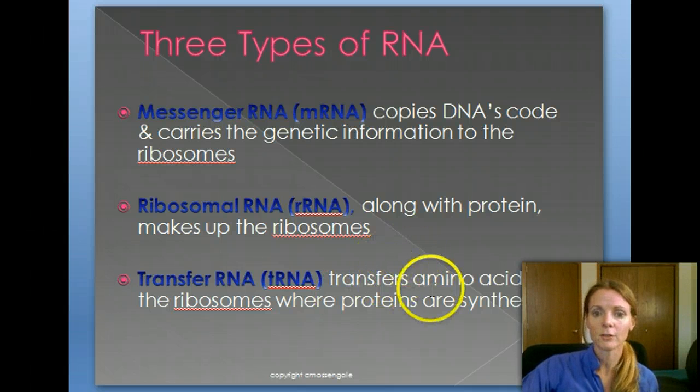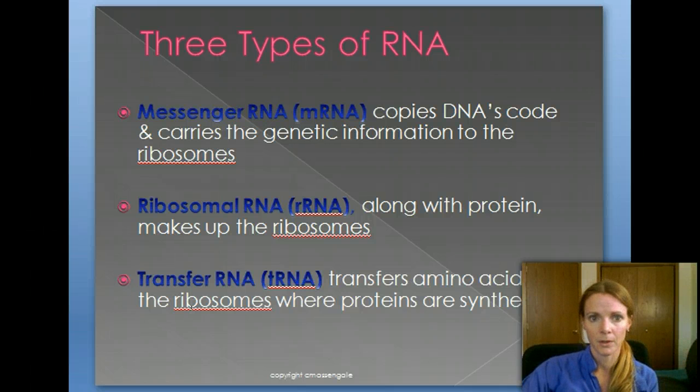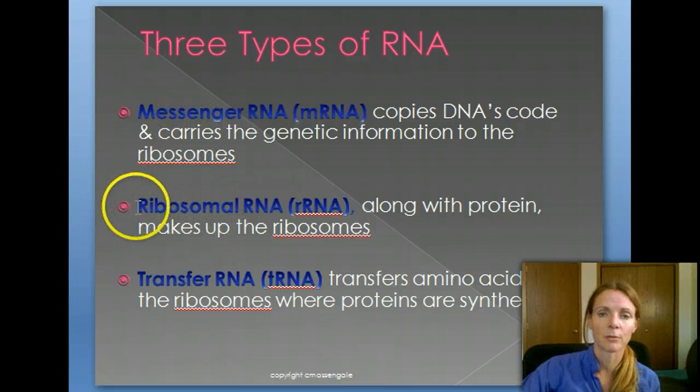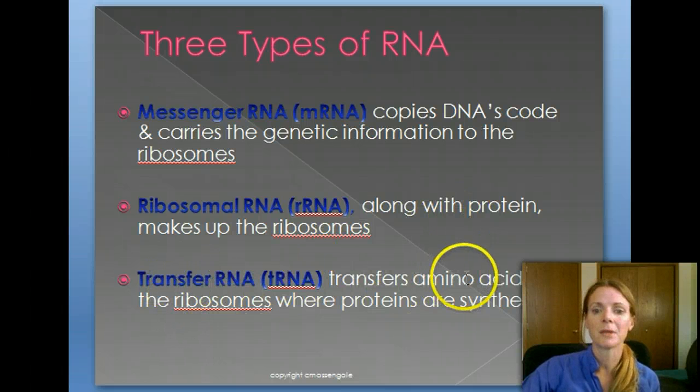So it transfers amino acids to the ribosomes where the proteins can be made. These names are very fitting. You're bringing a message to the ribosome, which is made up of ribosomal RNA and protein, and then the transfer RNA is going to bring amino acids to those ribosomes where those codes are, and it's going to code for certain proteins that can be made and synthesized.